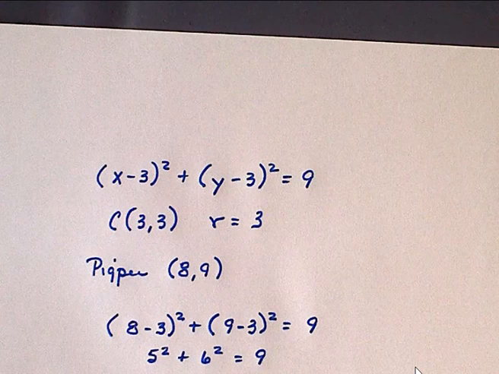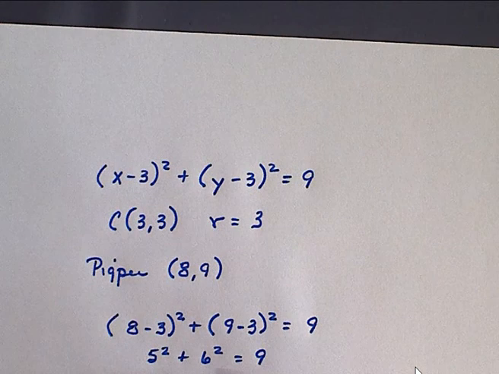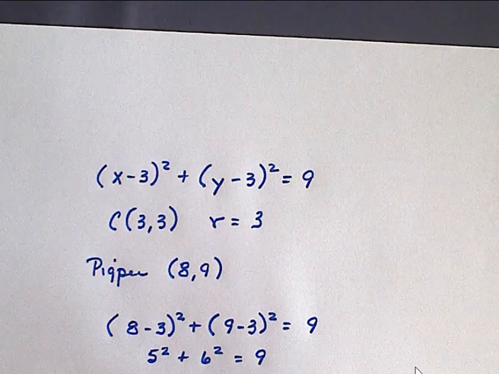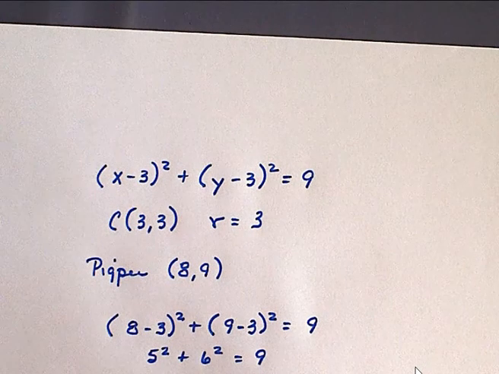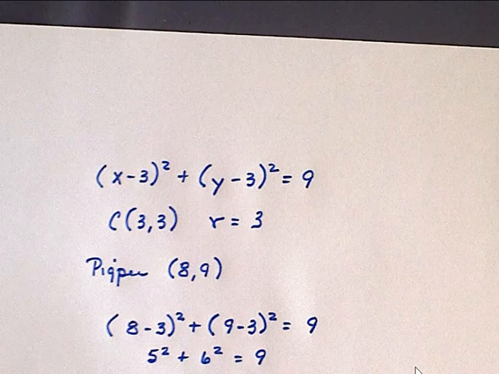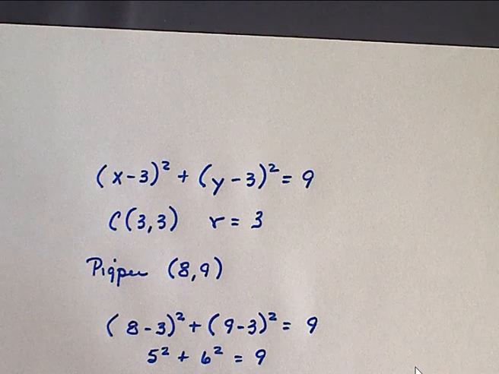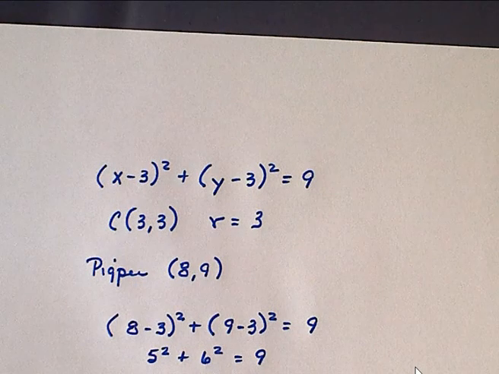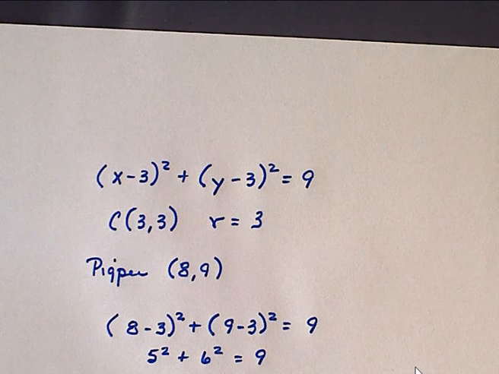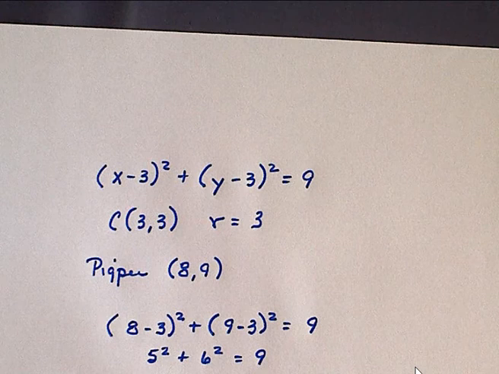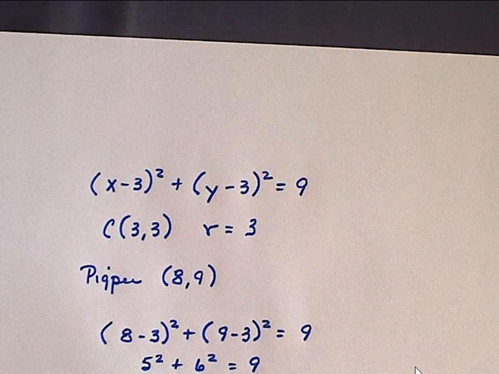So in this example here, clearly we've got 25 plus 36 is 61, which is greater than 9. So we would say that the pig pen is actually outside of the blast area, so to speak. So less than 9 would be inside, greater than 9 outside, equal to 9 is on the perimeter.